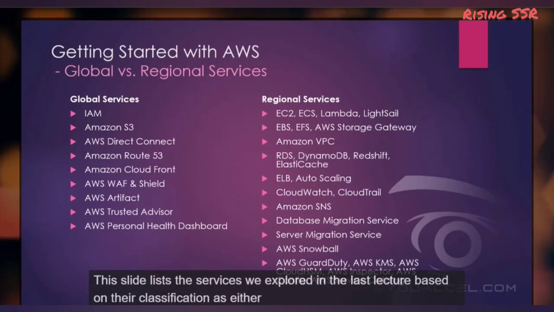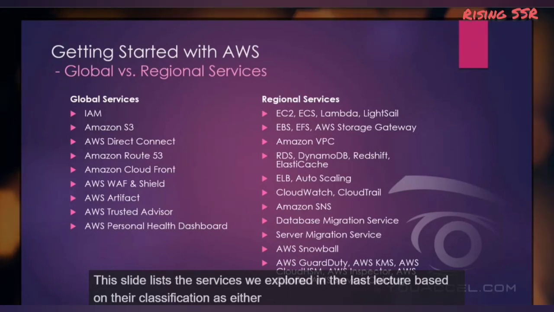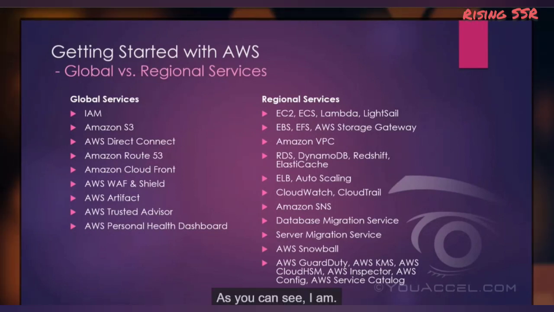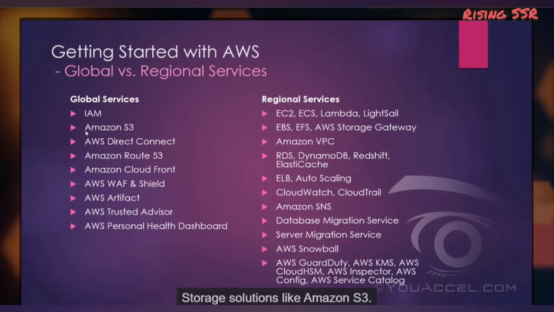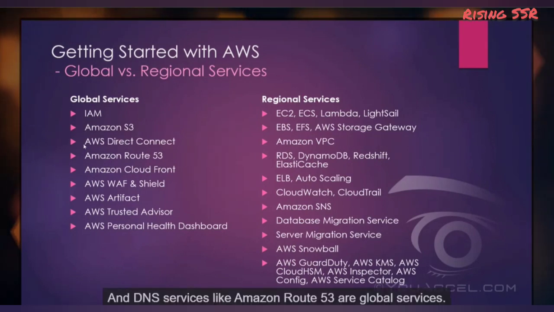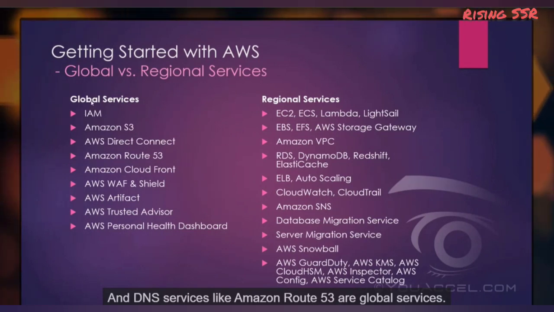This slide lists the services we explored in the last lecture based on their classification as either global or regional services. As you can see, IAM, storage solutions like Amazon S3, and DNS services like Amazon Route 53 are global services.